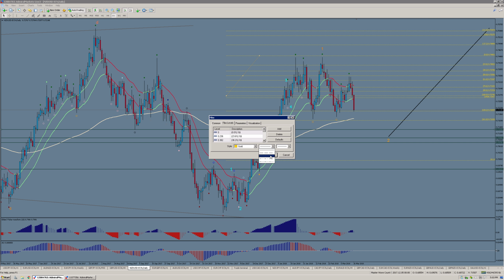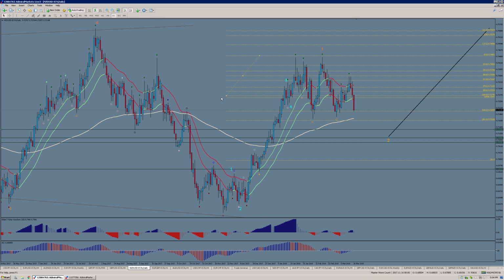I prefer the dotted line, and that you can choose whichever way you want to. And then under the Common tab, when you choose the style of this, that will basically affect how this line that connects the 0 to the 100 level will be drawn. You can change the color and the appearance of that as well here.